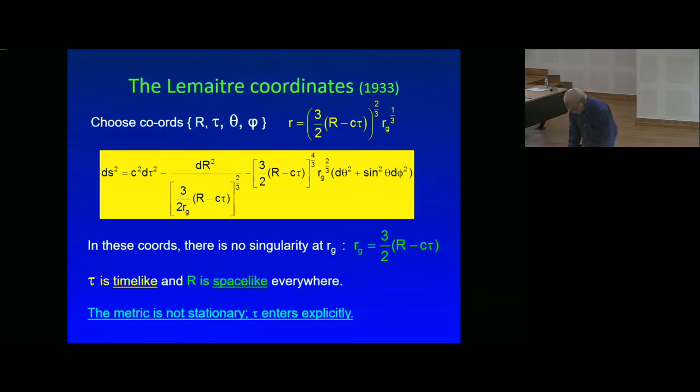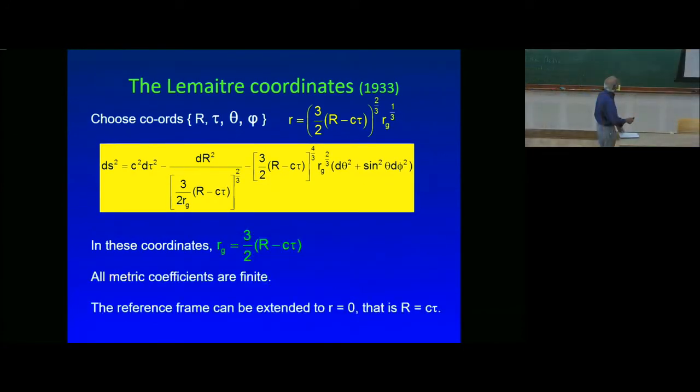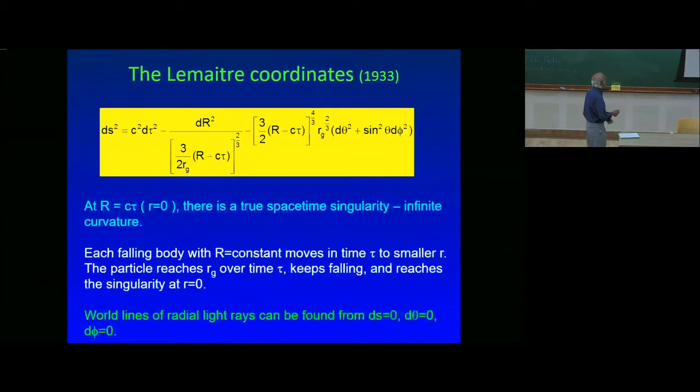Now we want to make a few plots. So that is what I have done. We have already dealt with this. Yes, this also I've already said, that R is equal to c tau, which corresponds to our old small r equal to 0, is a true space-time singularity, and the curvature goes to infinity. Now, each falling body with R equal to constant, remember the coordinate of the body is now attached to the body, so that remains a constant.